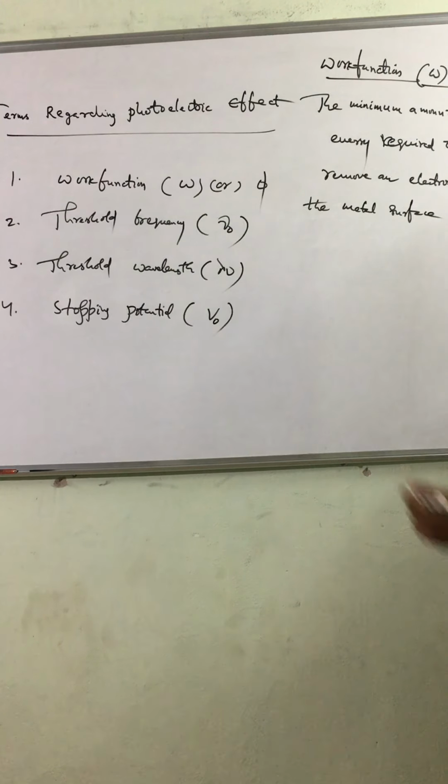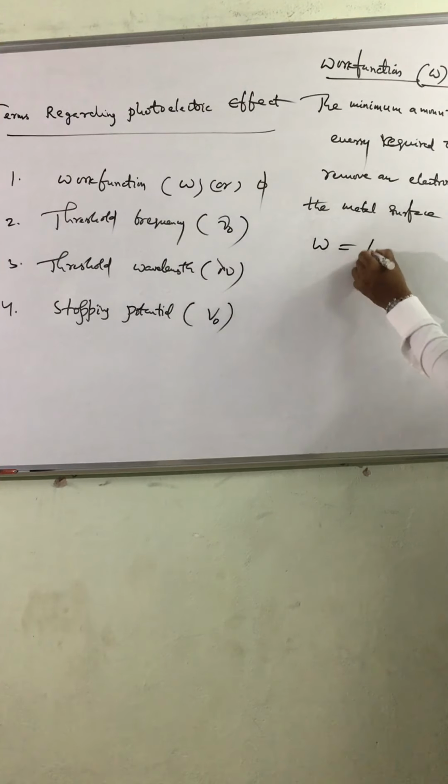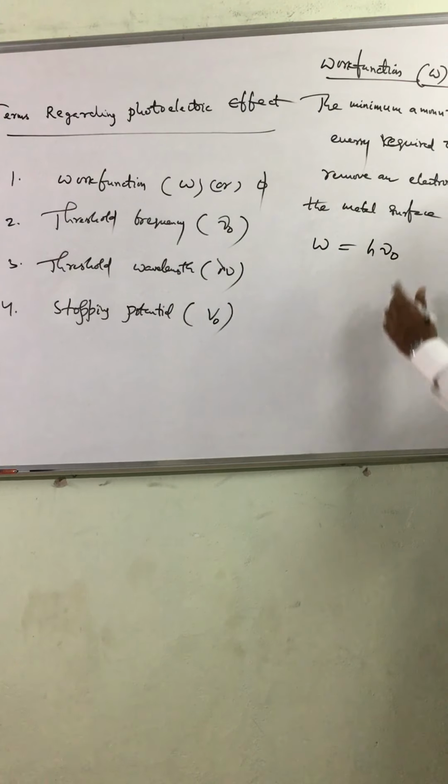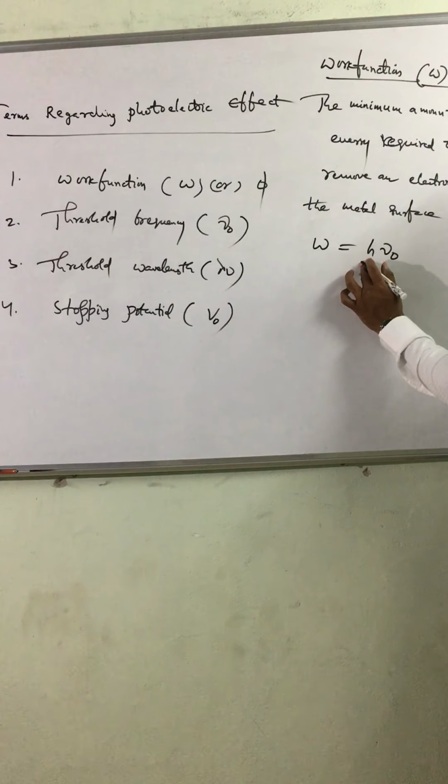That is work function. Work function W is equal to h nu naught, where nu naught is threshold frequency and h is the Planck's constant.